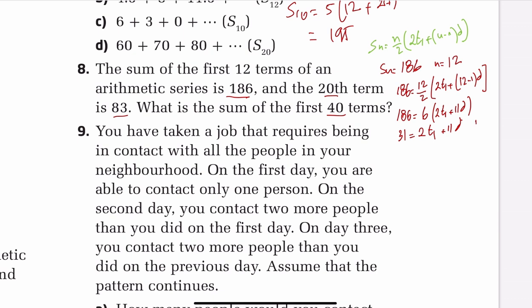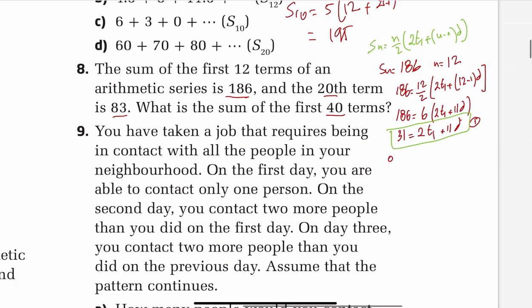Now I have this equation which has two unknowns, and we will do the same thing with Sn is 83, which is the other Sn, where n is 20.